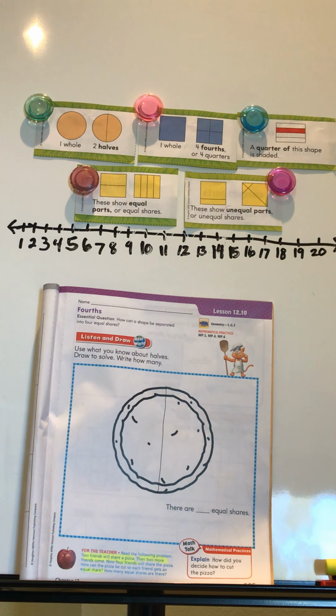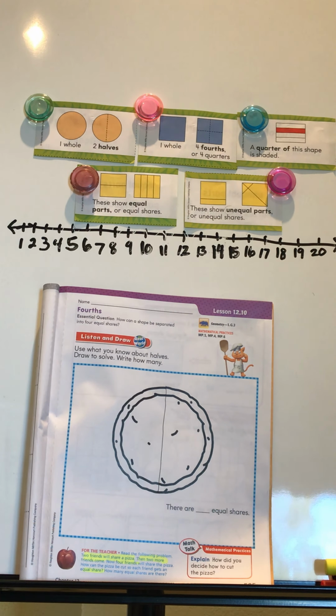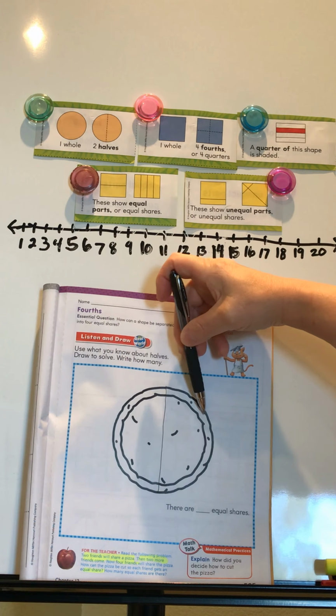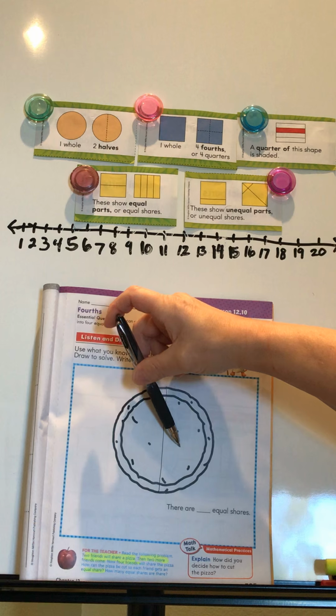So those are halves. But then two more friends come, and now we have four friends that want to share the pizza. We want each friend to get an equal part. So if we have two equal parts, now we need four equal parts. So if I draw my line up here, that would not be equal because I'd have two small parts and two big parts.